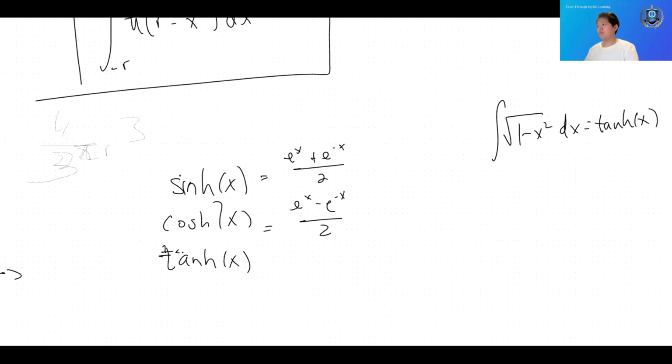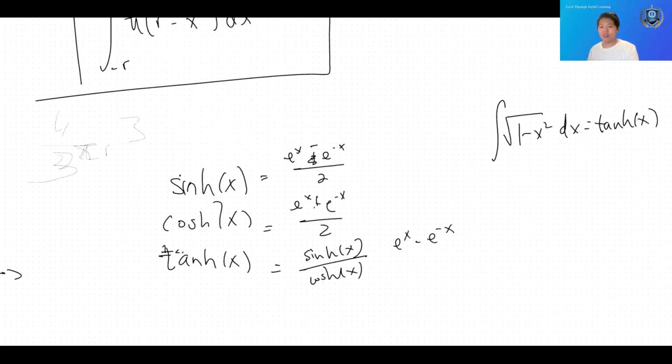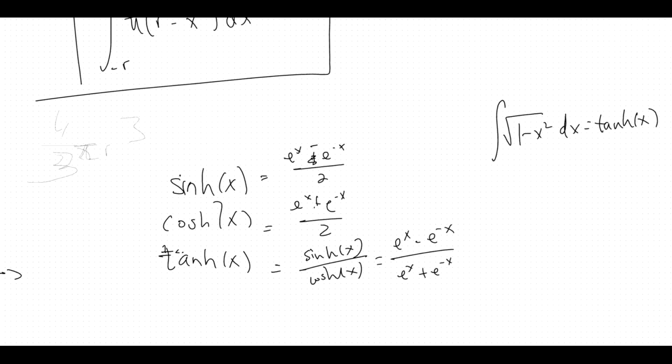They're the other way around. So this would be a minus and this would be a plus. It is just sinh x on cosh x, but they won't cancel out because this is a plus, this is a minus. So you have e of x minus e of negative x over e of x plus e of negative x. Doesn't cancel out. That's crazy.